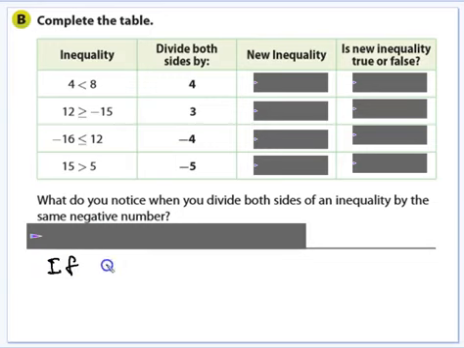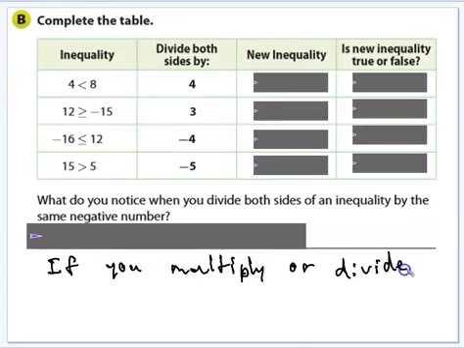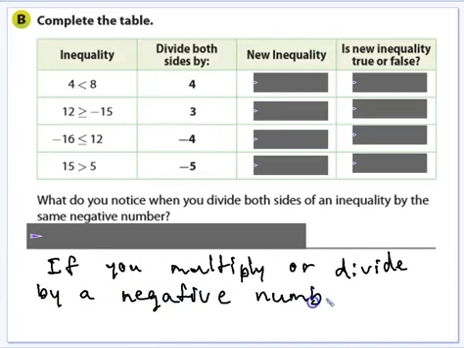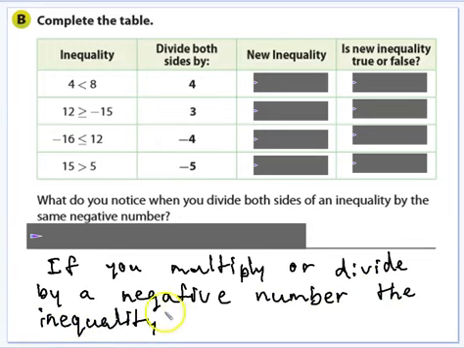If you multiply or divide by a negative number, the inequality must flip.